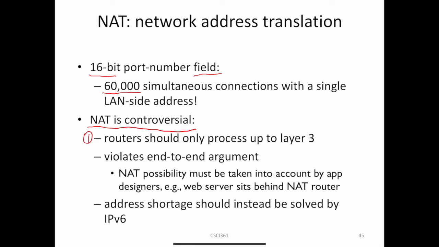The port number part actually belongs to the business of the transport layer. However, the NAT function, which is the router, will touch the business of the transport layer, which belongs to the layer above. Therefore, that's the first controversy we see from the NAT function.